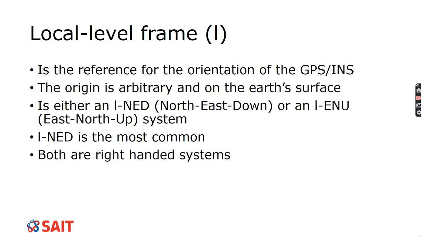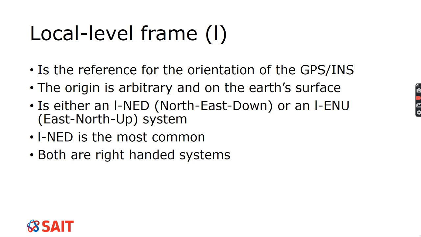So our next frame is the local level frame. This is the point on the ground. On the ground, we're looking at an incidence angle, or the perpendicular from the tangent of the Earth's surface, and we're developing our local level frame.